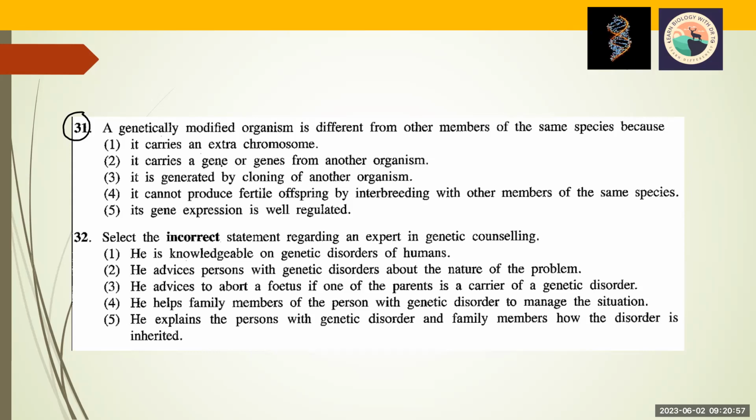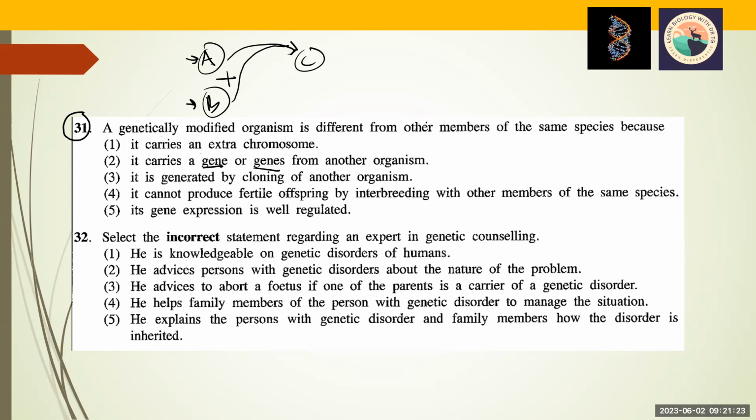So a gene or genes, as I told you before, can go from organism A or B and go to C. We can transfer A to C, or we can combine A and B together into C. So gene or genes from another organism. That's one gene here and one gene here. Then we can place it here.